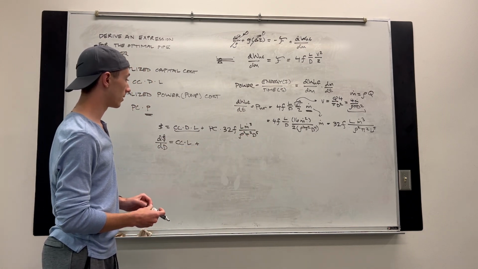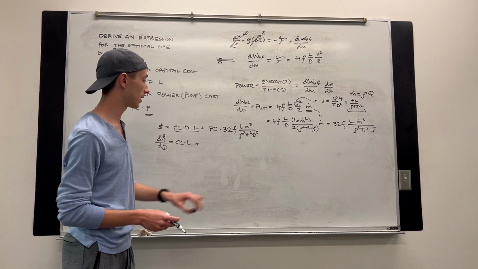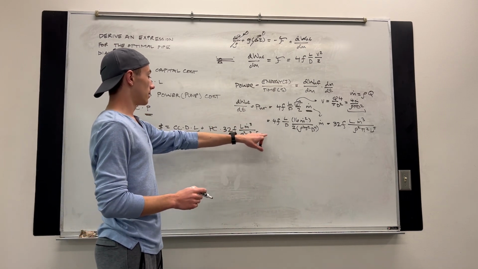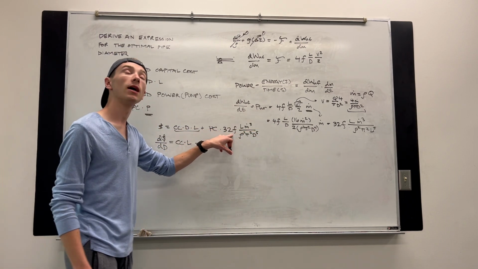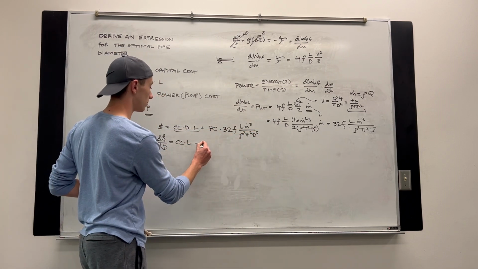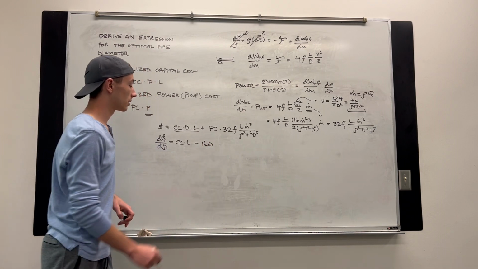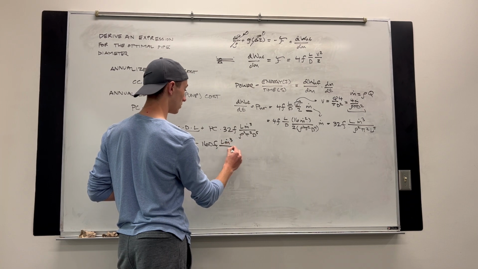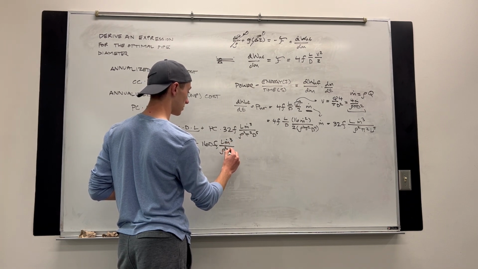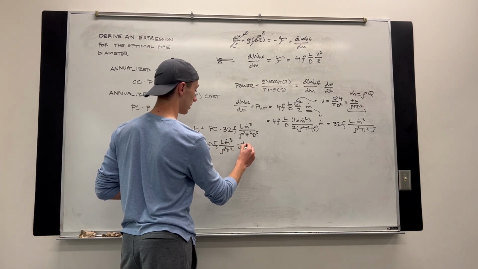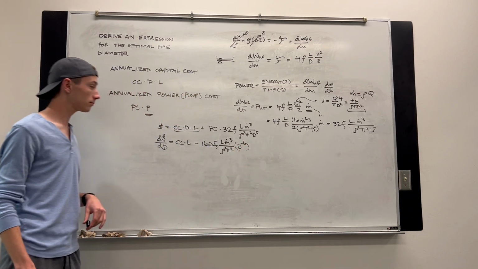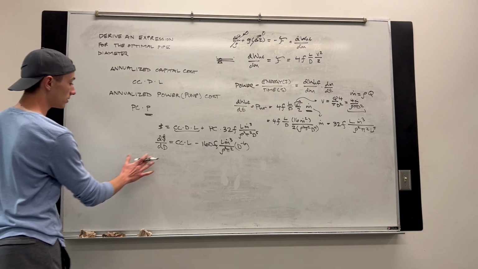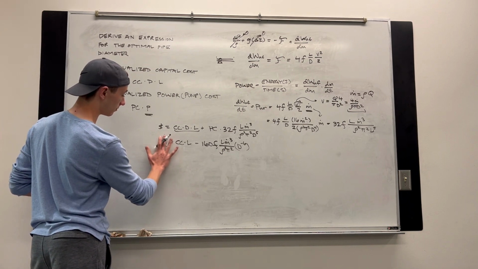So that will become a negative 6, and then we're going to bring the negative 5 out front. So actually this is a minus. Negative 5 times 32 is negative 160. Times F L m dot cubed over rho squared pi squared d to the negative 6, right? And this is set equal to 0, because we're optimizing it.